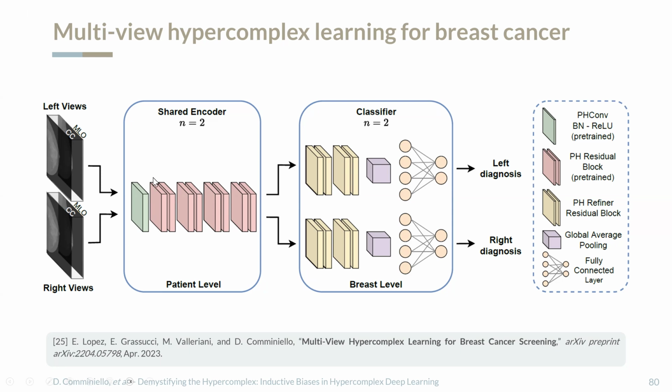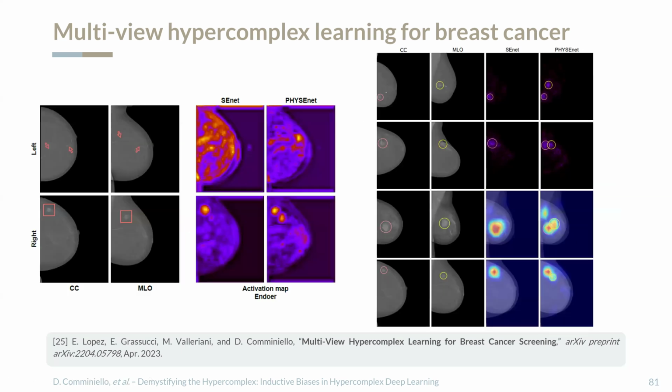We can have a larger view at patient level, with the four images together, and then focus at breast level to say if there is a diagnosis related to one breast or the other. And this is very important to have some explanation of how it works.